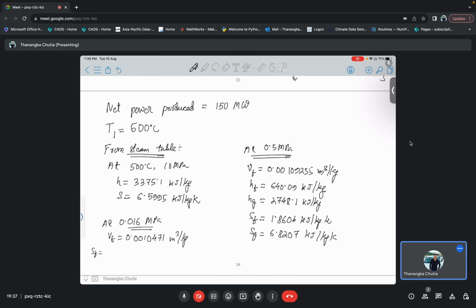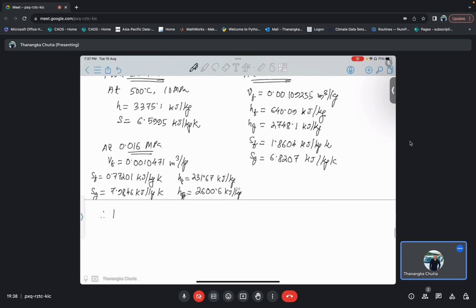Sf is equal to 0.77201 kilojoule per kg Kelvin. Sg is equal to 7.9846 kilojoule per kg Kelvin. Hf is equal to 231.67 kilojoule per kg, and Hg is equal to 2600.6 kilojoule per kg. Okay.